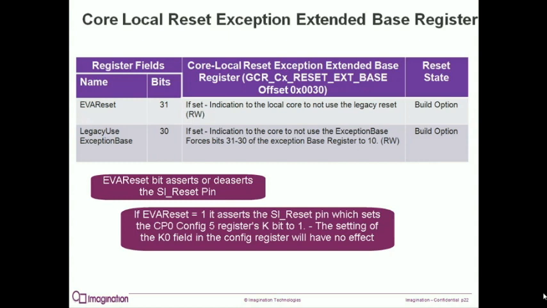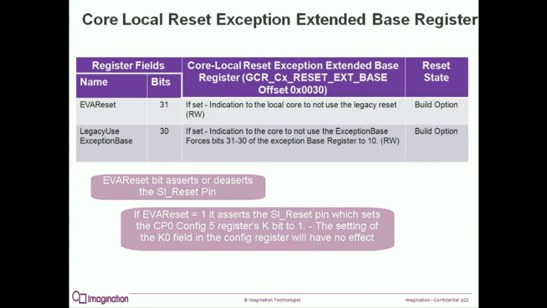The K0 bit in the CP0 config register is disabled, and the CCA of CFG3 is controlled by the settings in the segmentation register. The CP0 segmentation control registers will reflect the EVA mapping for a 3 GB RAM region. The details of this mapping will be shown in a later slide.